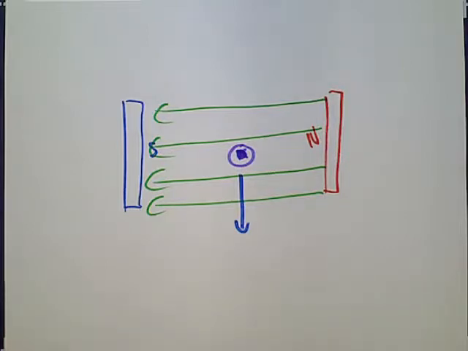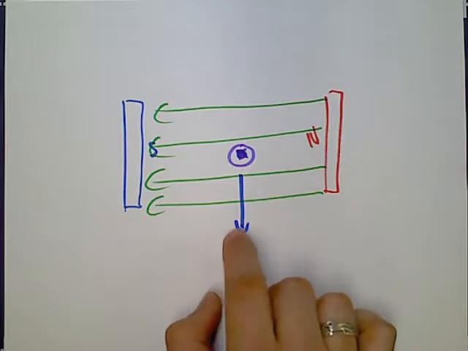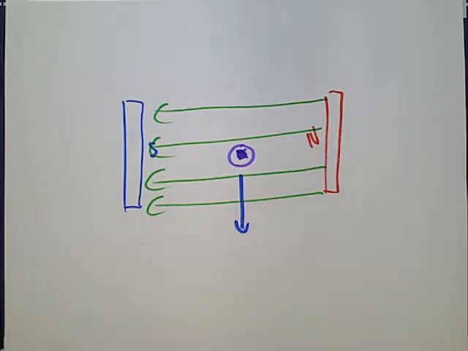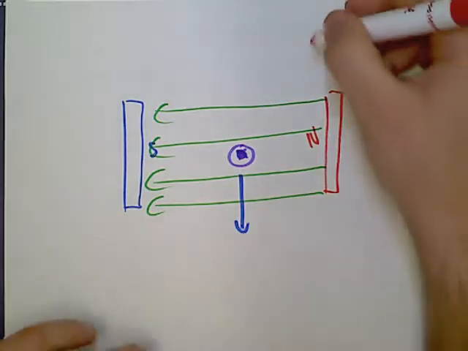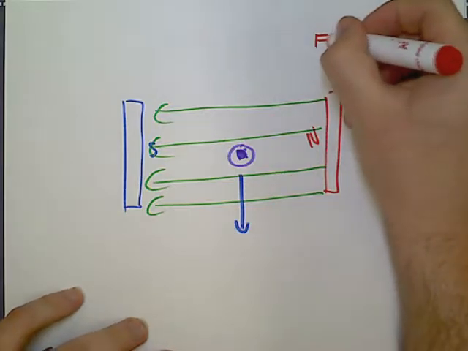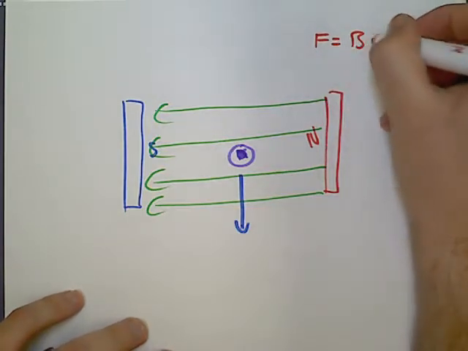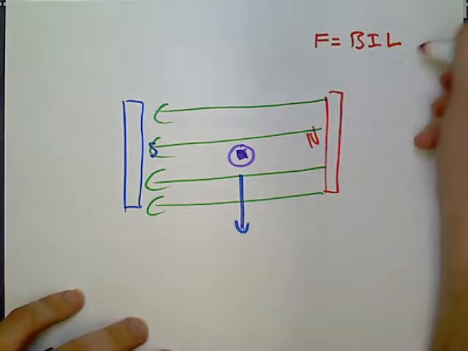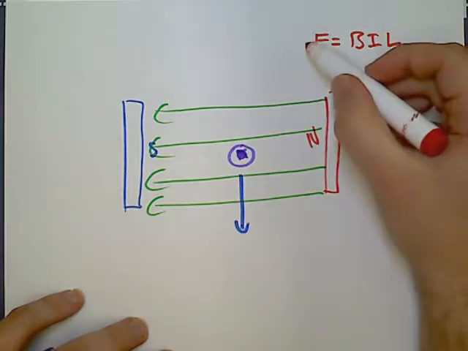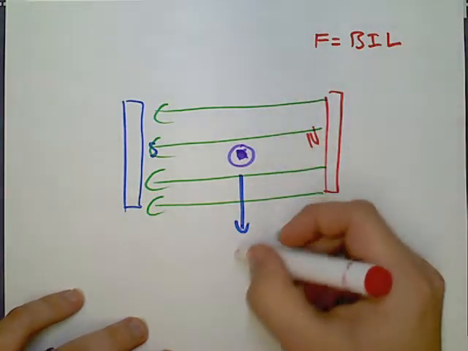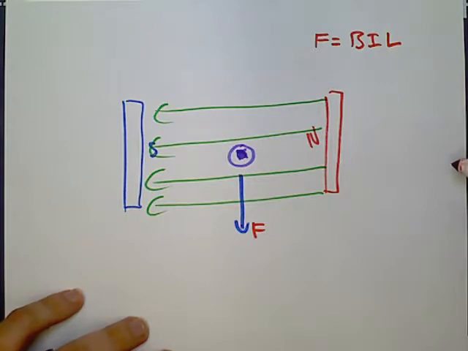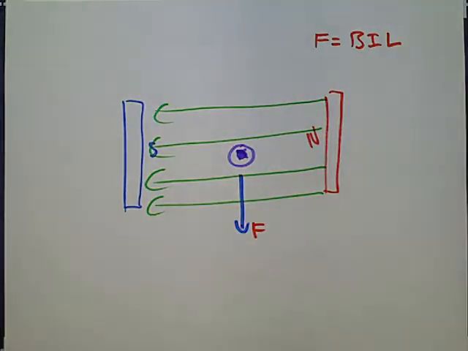So what if we wanted to work out the actual force affecting this current carrying wire? Well, there's an equation for that. The equation is F equals BIL, where F is the force that is felt by the current carrying wire in that magnetic field.